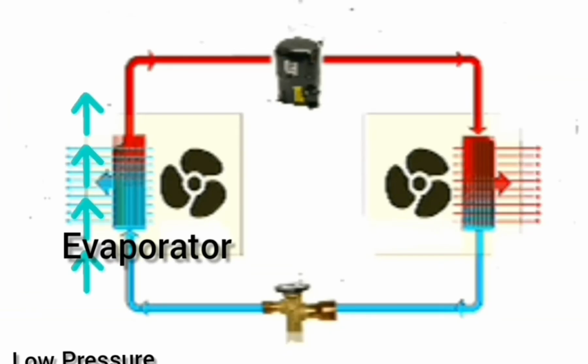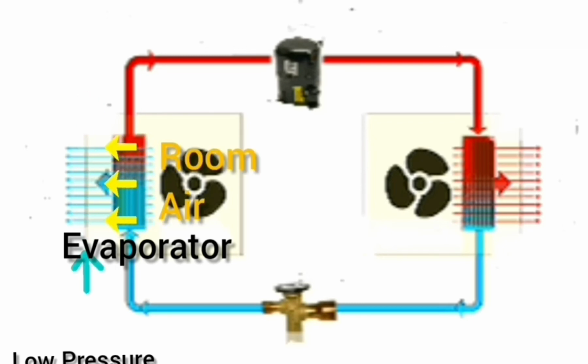Now the low pressure, low temperature liquid and gas refrigerant mixture, but mainly liquid, moves to the evaporator, where there is a room air passing through the evaporator. Here the refrigerant picks up heat from the passing room air, which adds heat to the liquid refrigerant and makes it evaporate or boil and become gas refrigerant.